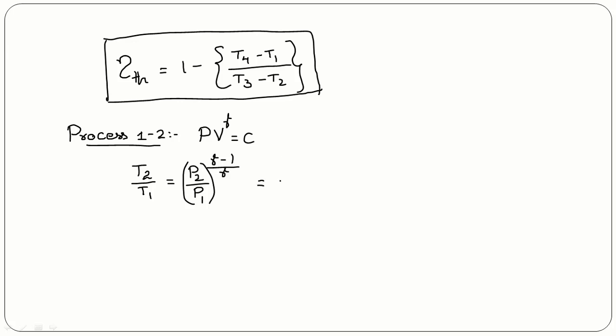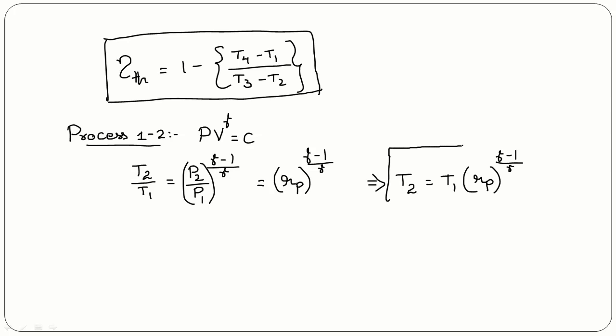P2 by P1 is nothing but the pressure ratio, so Rp to the power (gamma minus 1) by gamma. So from this we can write T2 equal to T1 into Rp to the power (gamma minus 1) by gamma. So this is the T2 value.